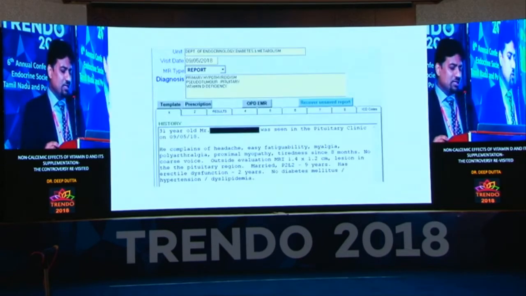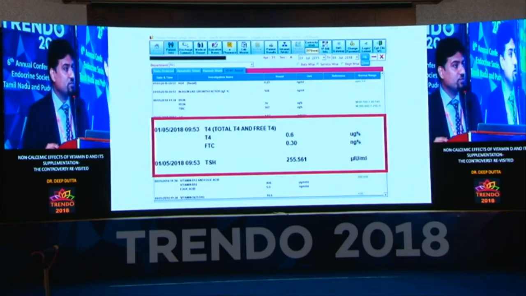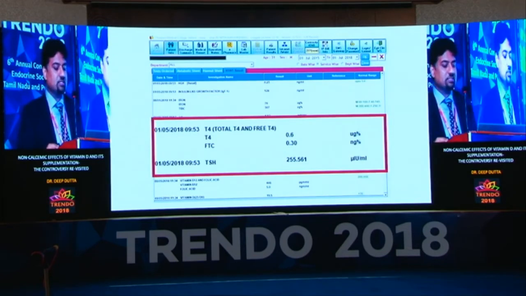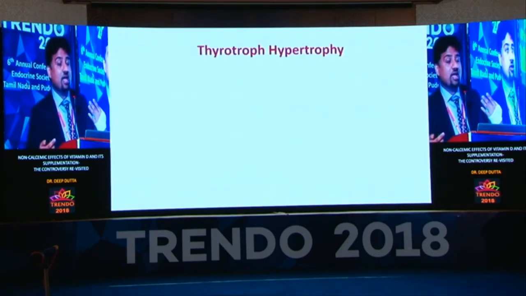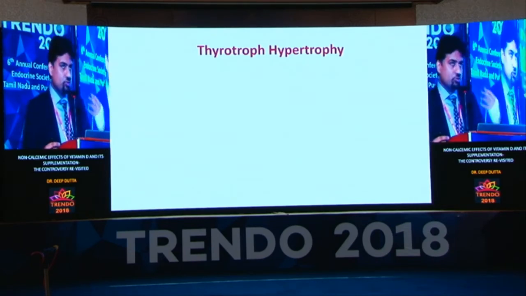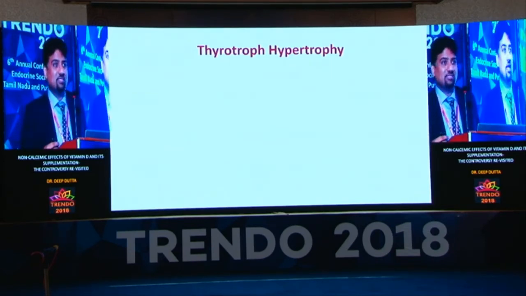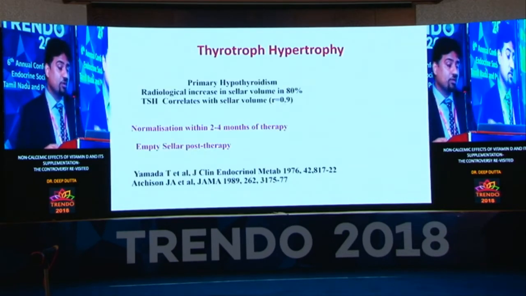On clinical examination, I had a strong suspicion of hypothyroidism, and when I sent the thyroid function test, we looked at a TSH which is sky high, 255, with a low T4 and free T4. So this is an example of pituitary hypertrophy, wherein the pituitary gland, which was diagnosed to be hypertrophied on the MRI, actually has no primary pathology. It's just TSH hypertrophy there, thyroid hypertrophy there.